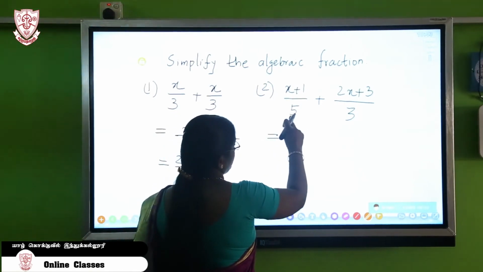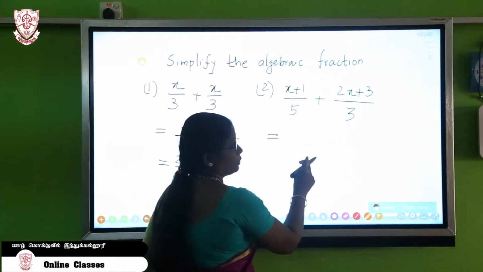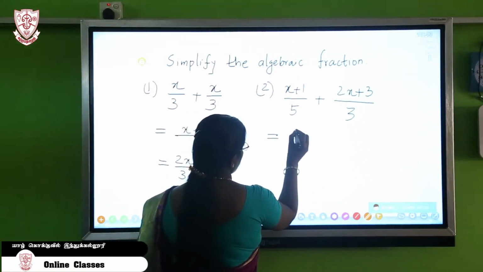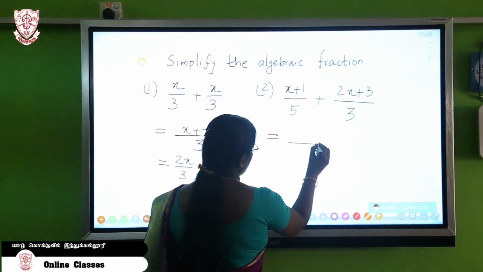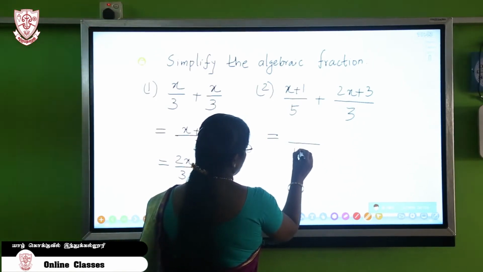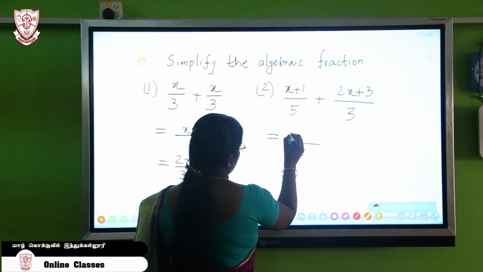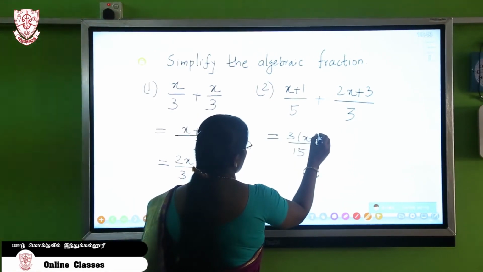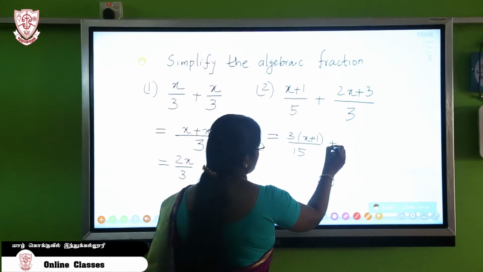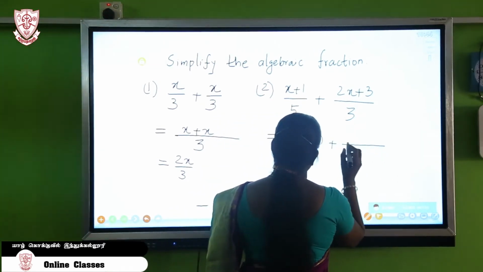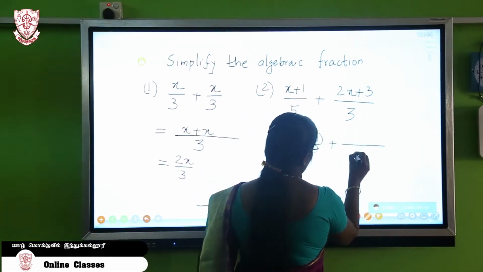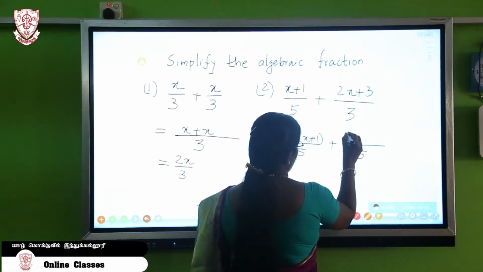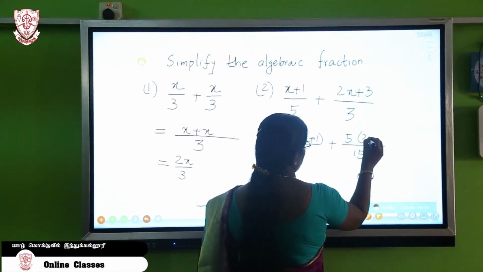For 5 and 3, we can take the LCM, 15. So we multiply to make the denominators equal. For 15, multiply the numerator by 3. The denominator 15 is multiplied by 5, and the numerator is multiplied by 5.